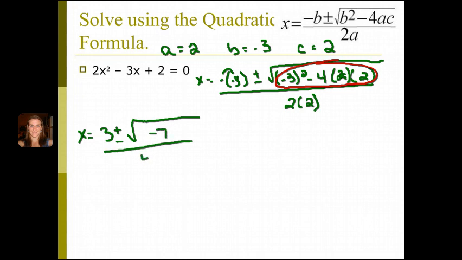Now, thinking back to previous slides, if you have a negative number under the radical sign, you have no solution. You can't take this square root of a negative number. It's not possible. Therefore, there is no solution to this parabola.